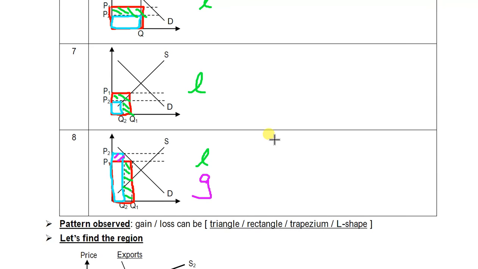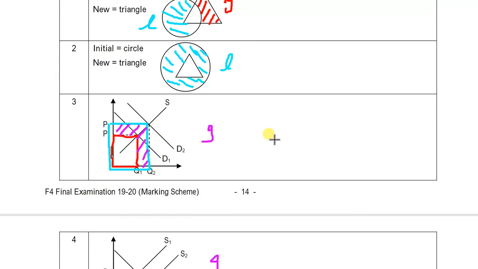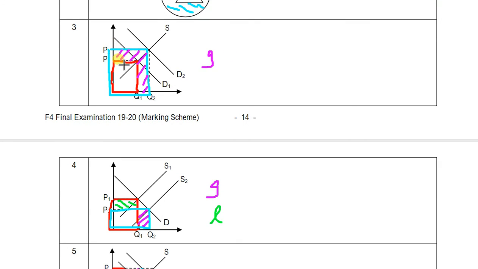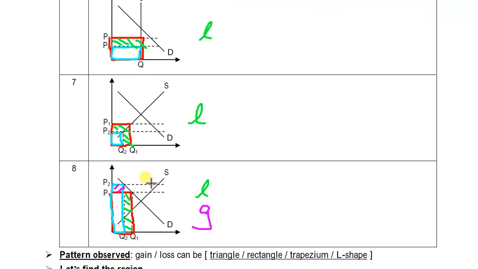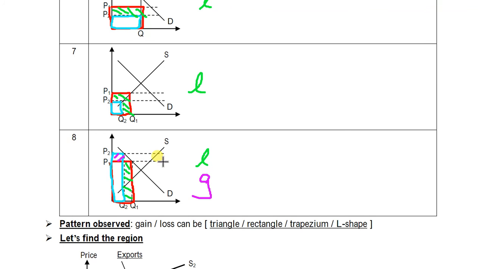So you can see from these examples, we have just gone through cases 3, 4 up to 8. No matter what, the region, that means the gain or the loss, must be either a rectangle or an L shape, like in case 7.